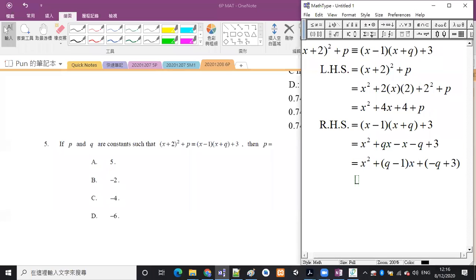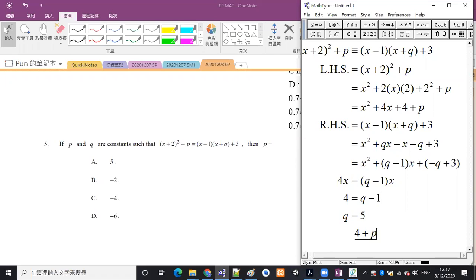好啦，跟住我哋就 comparing coefficient 啦。square term x square 等於 x square 冇嘢好講，係咪？跟住 x term 4x is equal to q minus 1x. And then we will drop out the x. 4 is equal to q minus 1. And then we will calculate the value of q to be 5. Is it okay? And then we will compare the constant term.